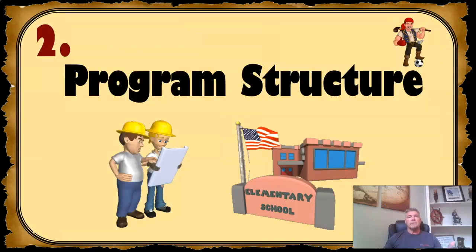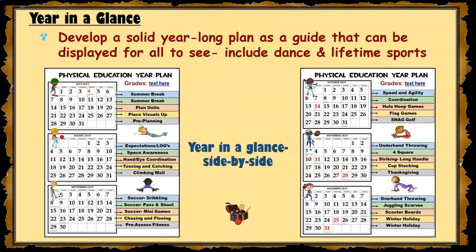Let's talk a little bit about your program structure as it relates to your units, and take a quick look at lesson plans. A great tool to use at the beginning of a school year is a year-in-a-glance unit plan. So you kind of just take your whole school year, and very generally you write in what units you want to do during the weeks of those months.